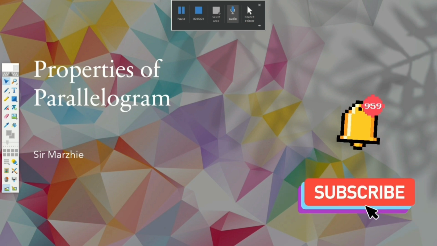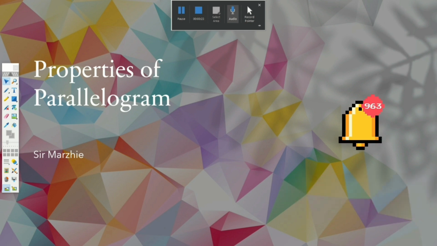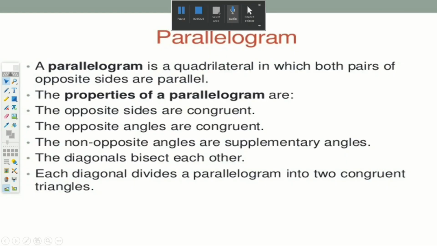In my previous video, we already discussed the meaning and the properties of parallelogram. If you still remember, a parallelogram is a quadrilateral in which both pairs of opposite sides are parallel. The properties of a parallelogram are the following. First, the opposite sides are congruent.